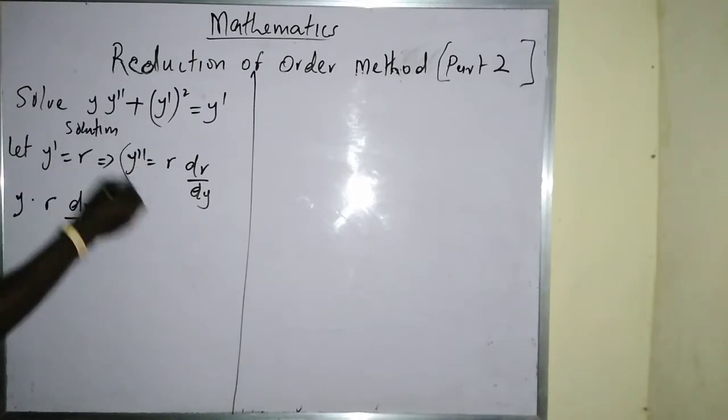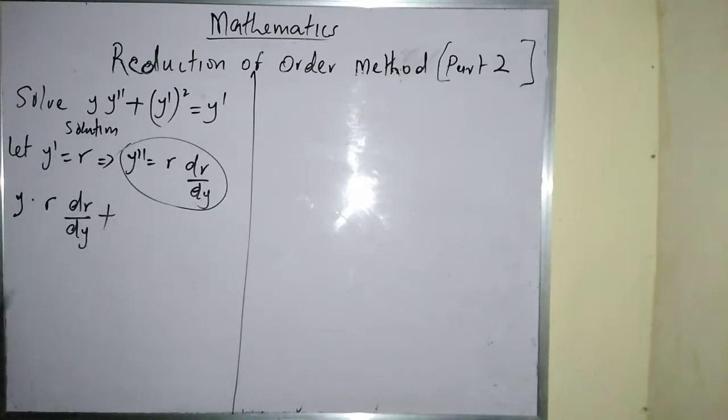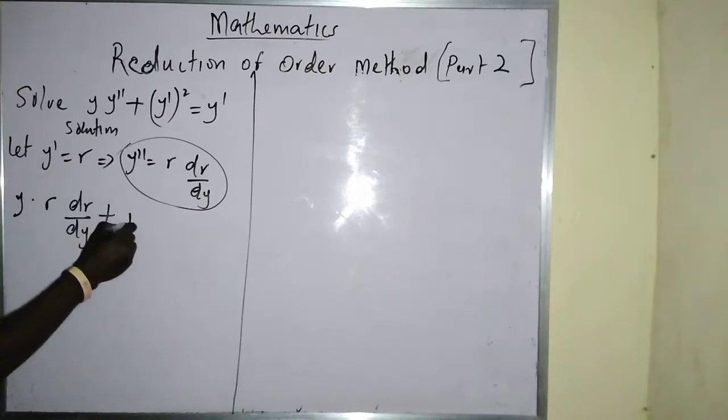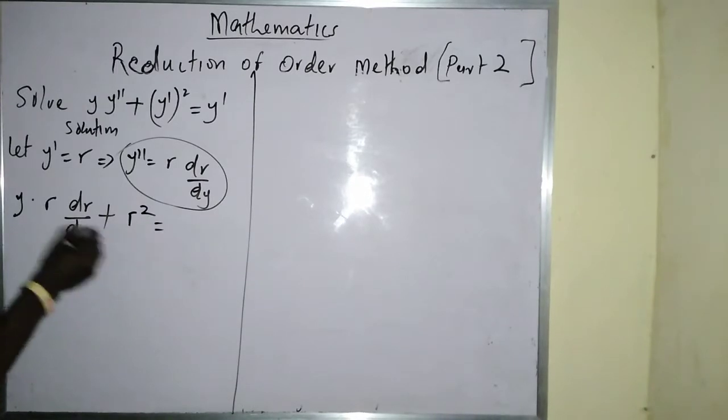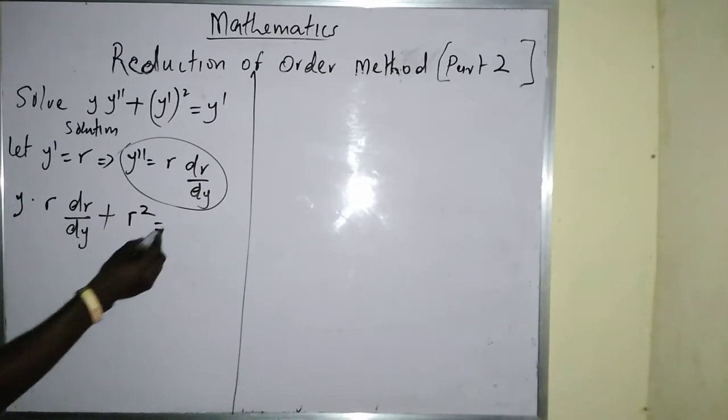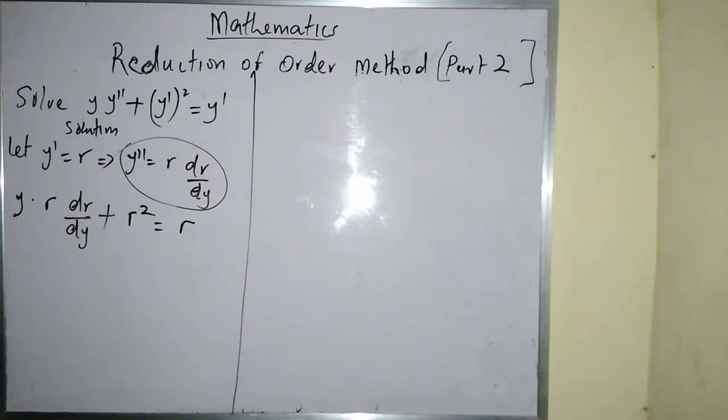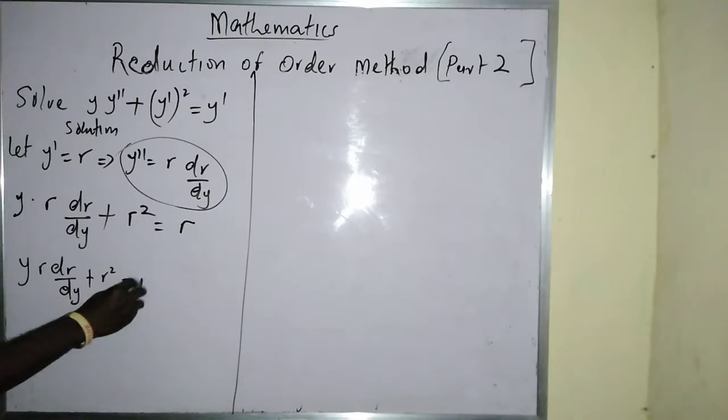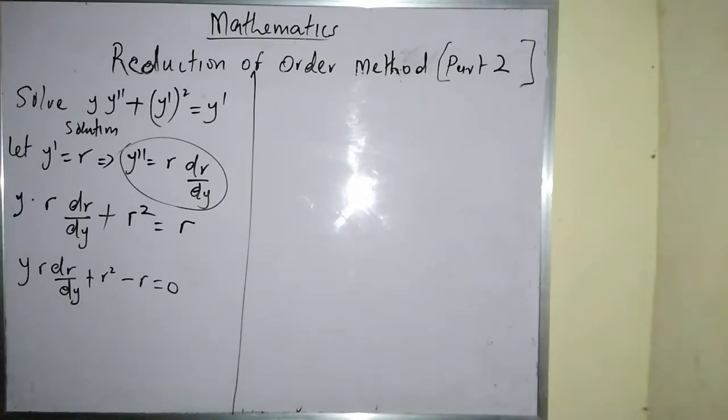Now y double prime is r dr over dy, and y prime squared is r squared, and y prime is r. So I have y r dr over dy plus r squared minus r equals 0. r is common at this point.